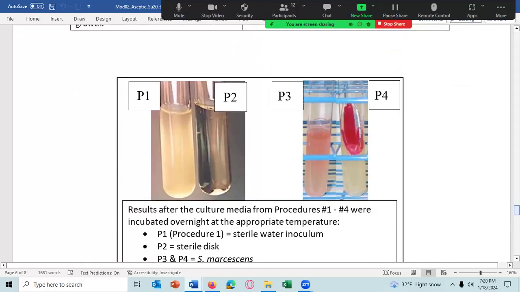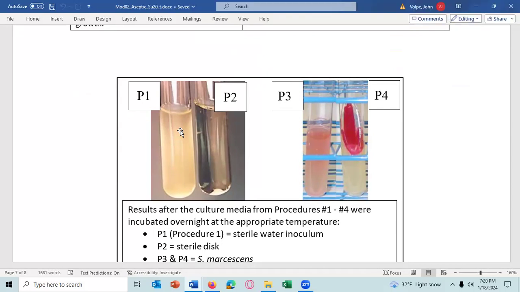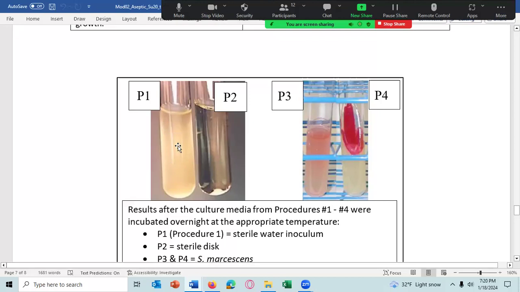All right, here's the tube of procedure 1, after transferring the sterile water into the media and then incubating the tube overnight at the appropriate temperature, which is either 30 or 35 degrees Celsius, whatever the lab said. And there's a picture of it after incubation.